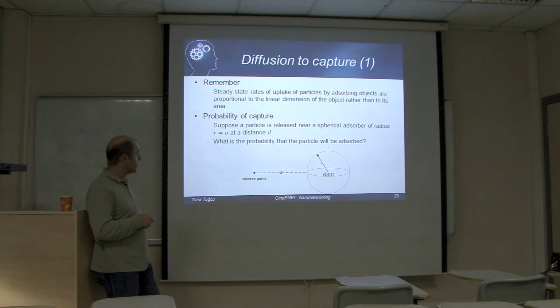So the question is, what's the probability that the particle will be adsorbed? This actually means, what's the probability that this molecule, with Brownian motion, with random walk due to diffusion, will make strange movements, but hopefully arrive or touch the membrane or the surface of this sphere?